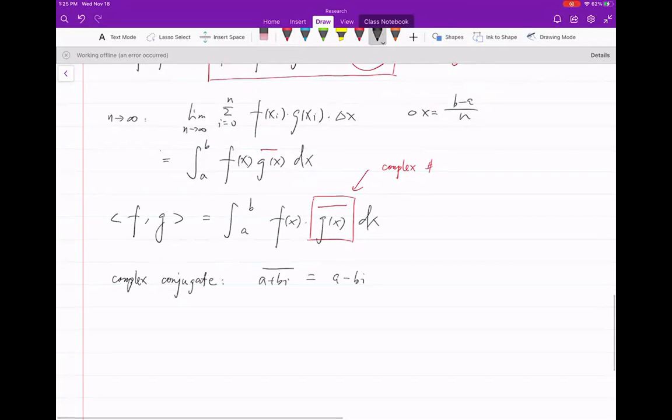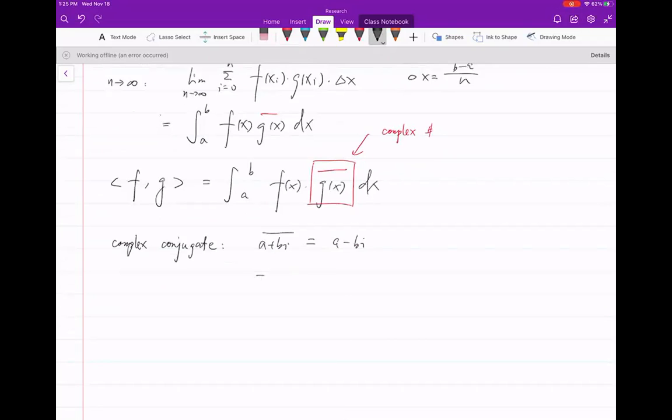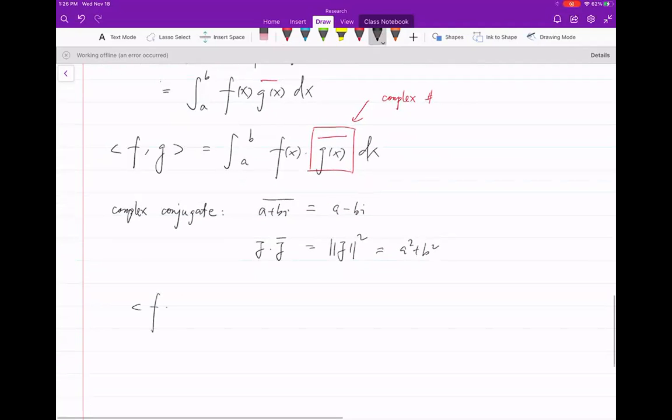The reason we want that is because we want z dot z bar to be the absolute value of z squared, which is the magnitude, no square root. So when we take f dot f itself, it should give you the magnitude of f squared.